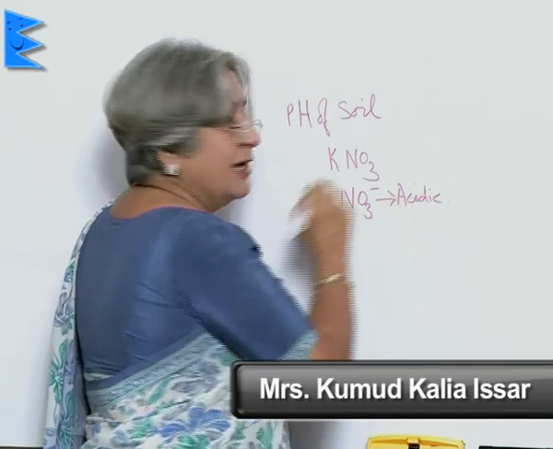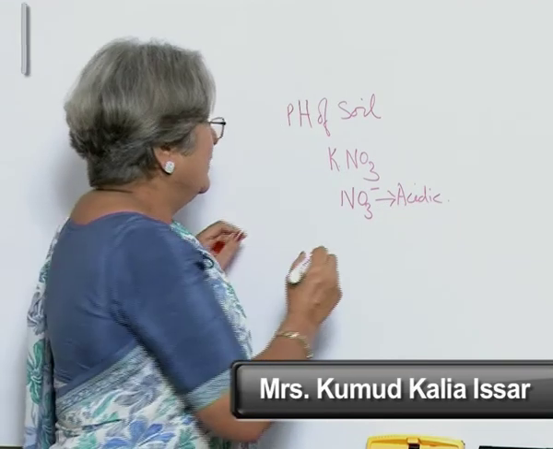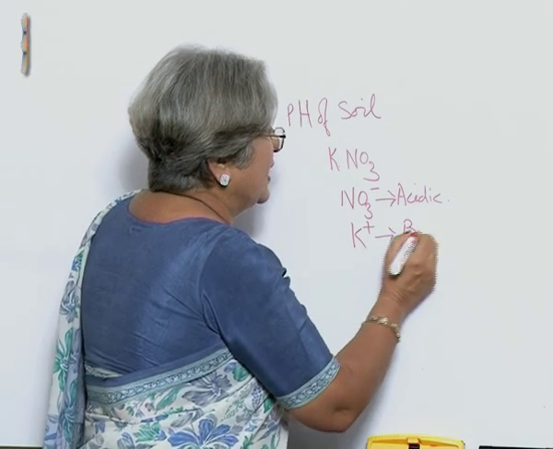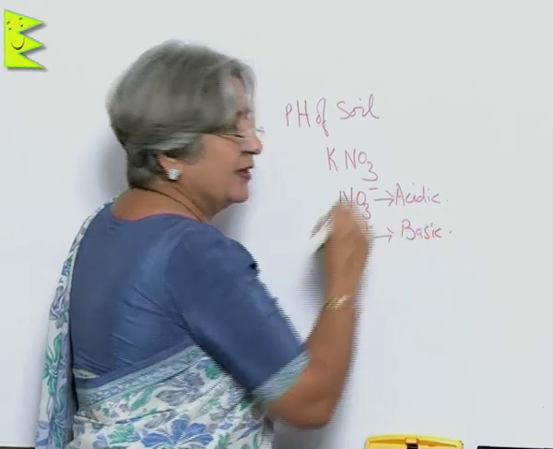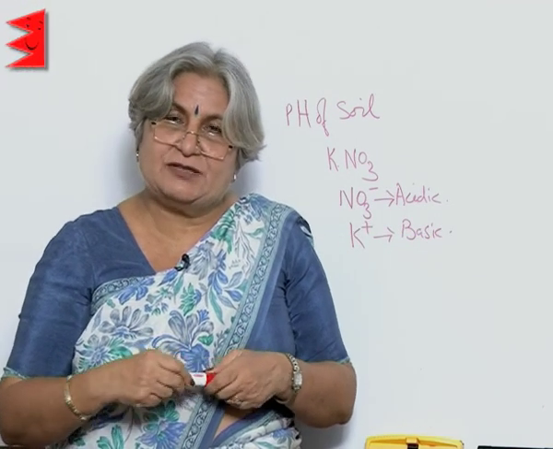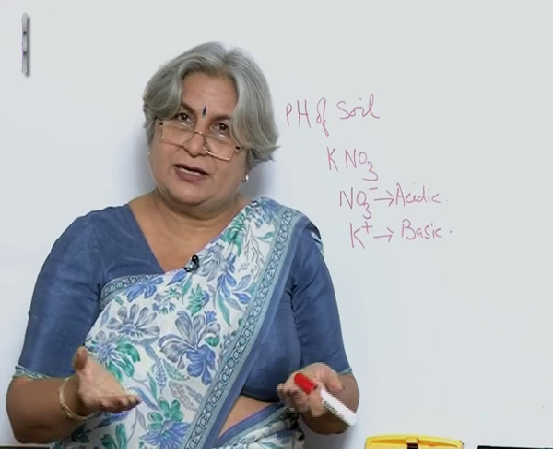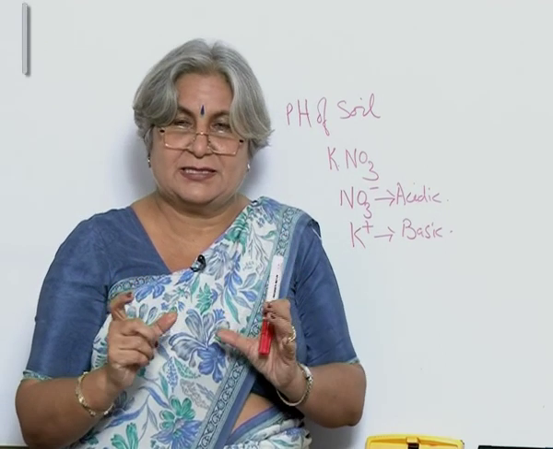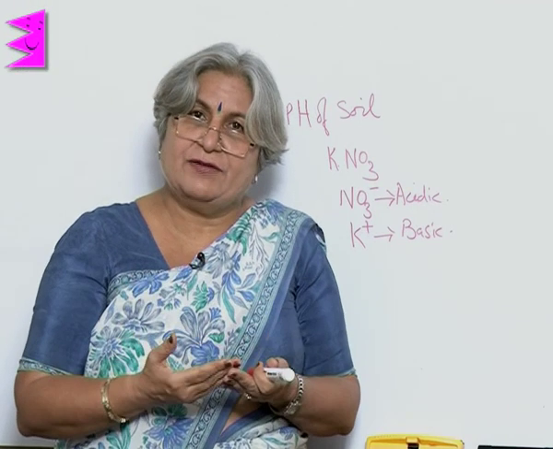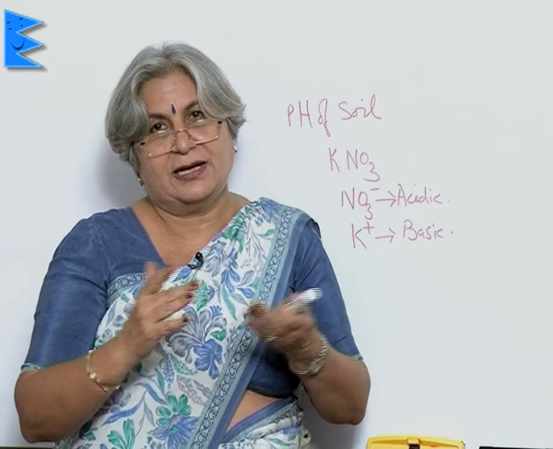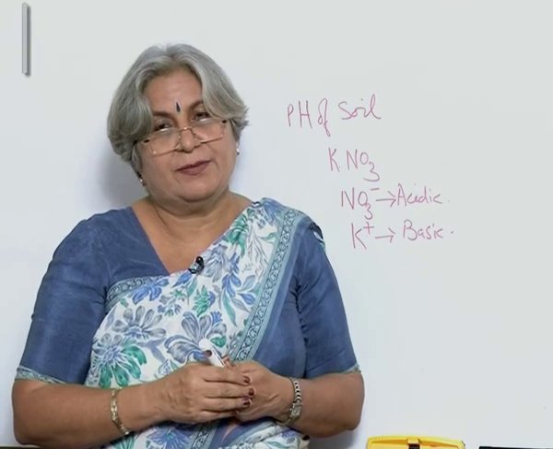And if nitrogen was needed by the plant, then potassium ion will increase in the soil and it will become basic.